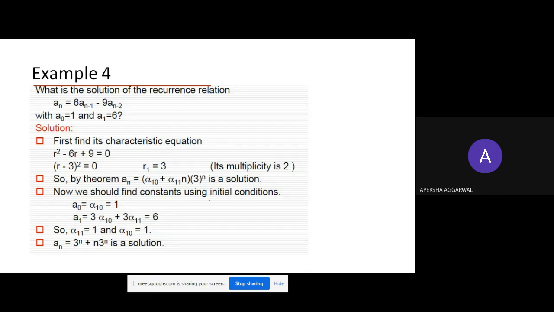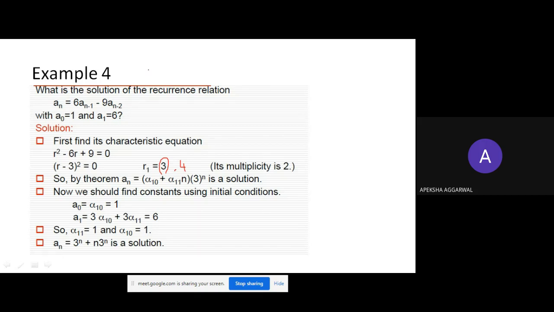Its multiplicity is 2. Okay, why is multiplicity 2? Because the equation was having two variables, but r was only 1. If 3 comma 4 was there, then multiplicity would be 1 only. Multiplicity depends on this: you are having only 3 as a root, and you are having three terms over here like n minus 1, n minus 2 and n minus 3.